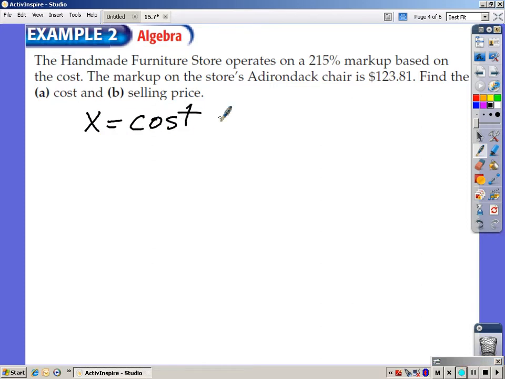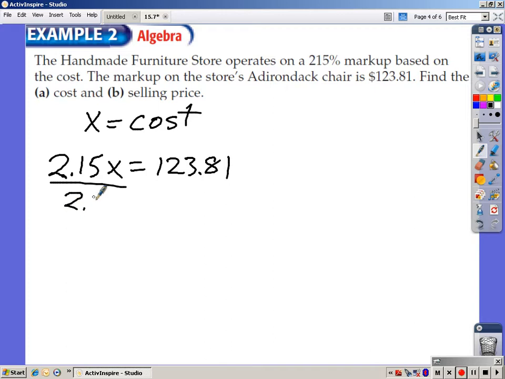Okay. And now if we do our markup rate times the cost, we get our markup. So 2.15 X equals 123.81. Okay? The rate times the cost equals the markup.